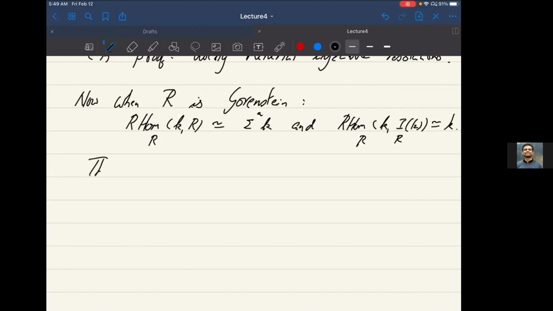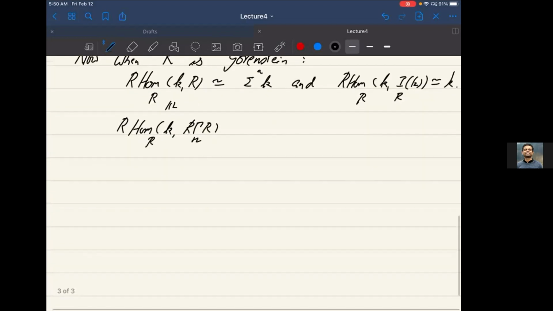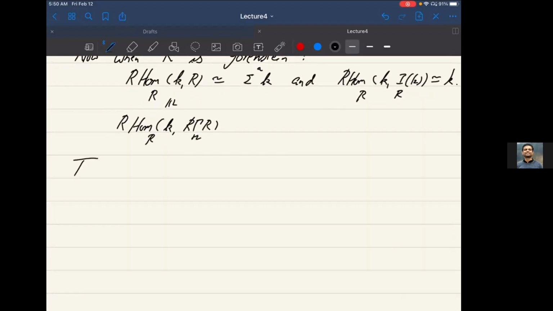So what it tells you is that R itself is not cellular, but this one is, and this one is of course the same as, for the moment, let me write it in the local algebra language, R gamma R. So therefore we conclude that it must be the injective hull up to suspension.